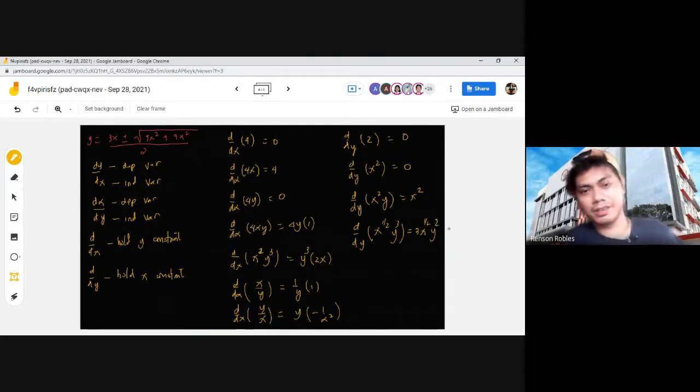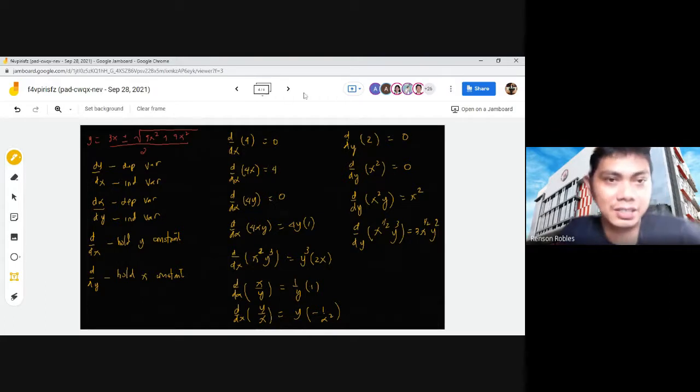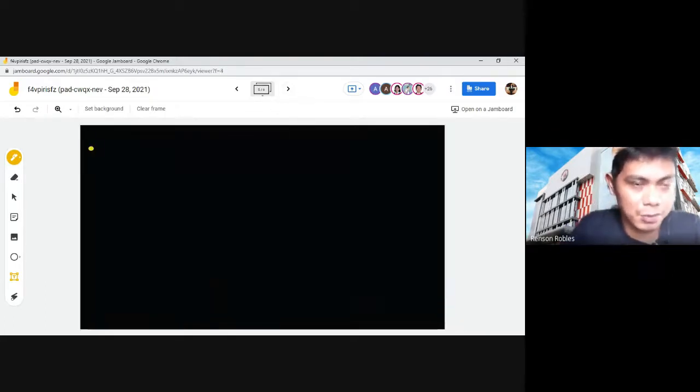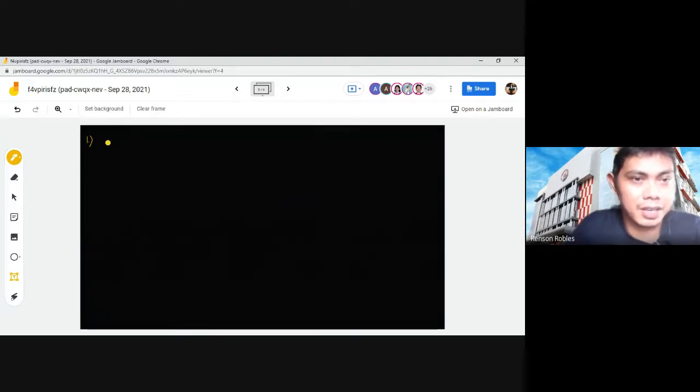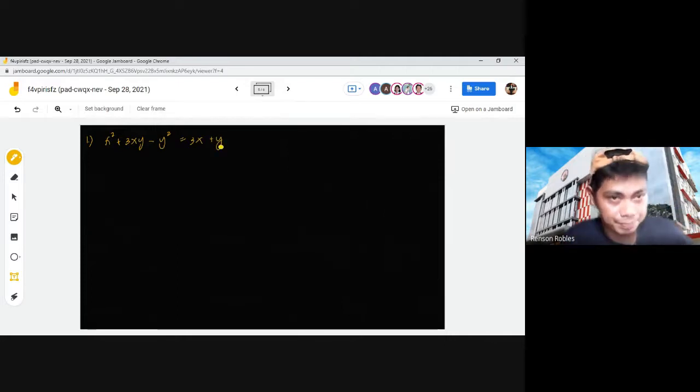And I think you already know the process of implicit differentiation. Let's proceed to some examples. Number 1. Say x squared plus 3xy minus y squared equals 3x plus y. Okay, so this is the process.